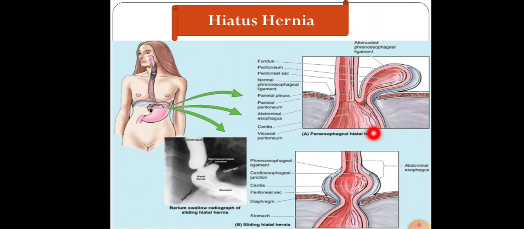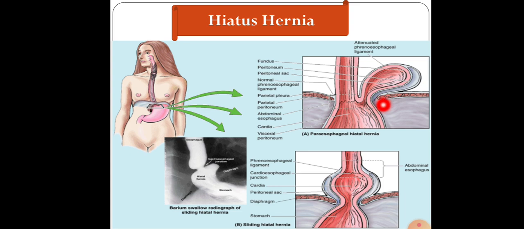As you see here, this part of the stomach projects through the esophageal hiatus of the diaphragm into the thoracic cavity to form a hernia. So one part of the stomach projects into the thoracic cavity, and the cardia is fixed in position.